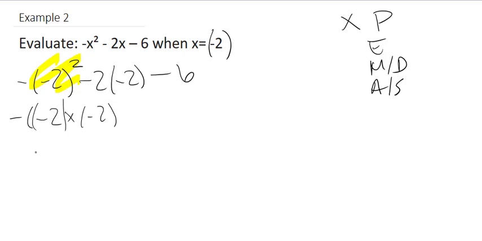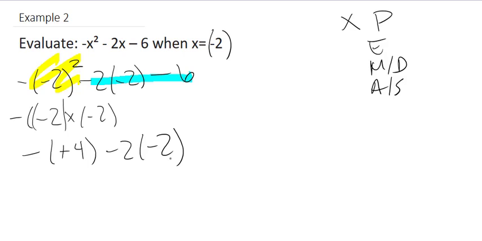So we will write below negative plus 4. And then let's carry over our last two things that we have to finish, which is minus 2 in parentheses, negative 2, which is multiplied, and then minus 6.